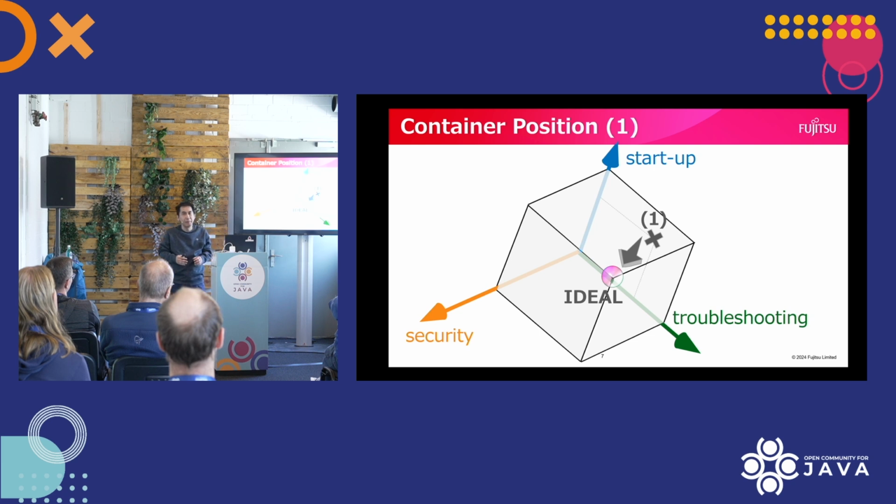The startup time is good because we use a lightweight container. And troubleshooting is also good because we can use almost the same tools as the ones available in an on-premise environment. But security is not good. So in this session, the goal is to move the container position from here to the ideal position.